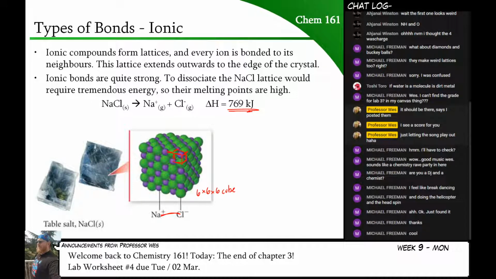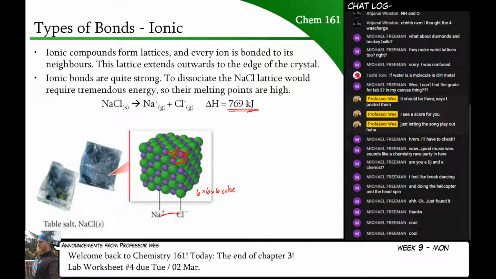Now, how do we contextualize that number? Like, how much energy does that require? We're not really talking about thermodynamics in this class, but I can give you a rough approximation that 1 kilojoule will heat 1 liter of water by 1 degree Celsius.